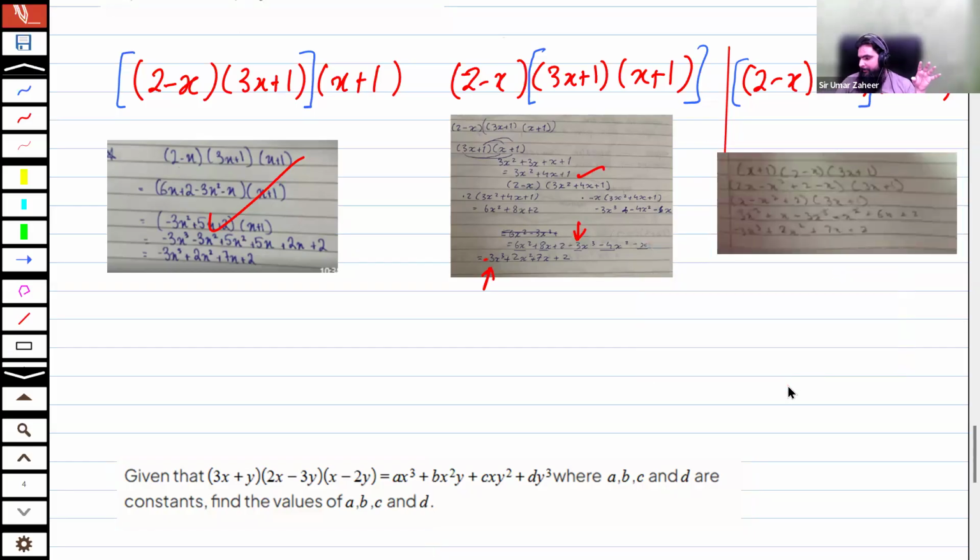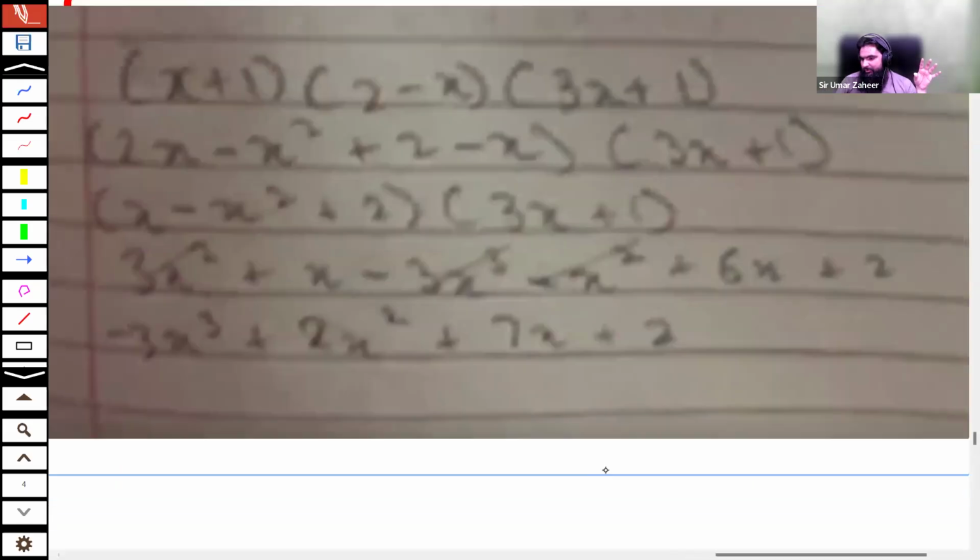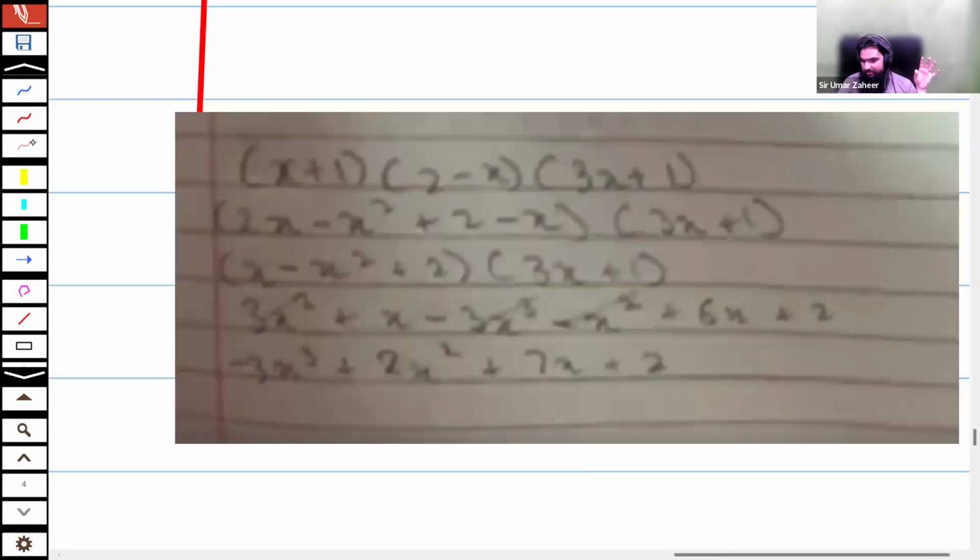All right, so now you have to multiply the brackets first. It will be 2x minus x. That's okay. Into what you have done here. Okay, you have to simplify them.